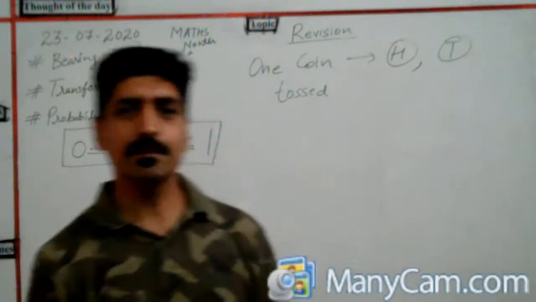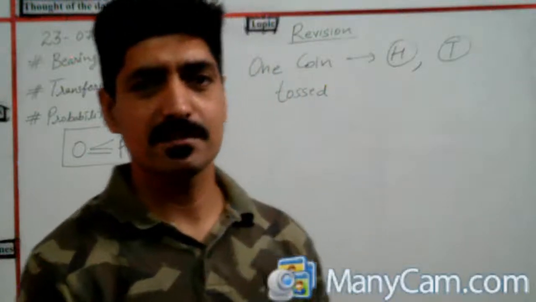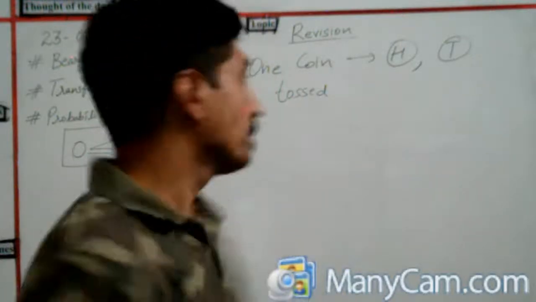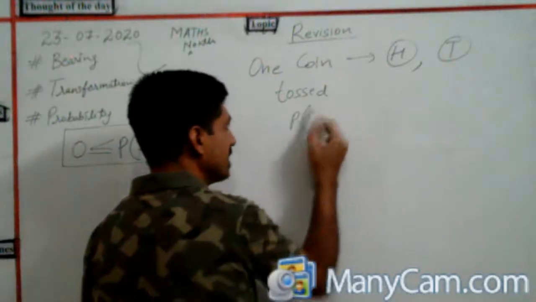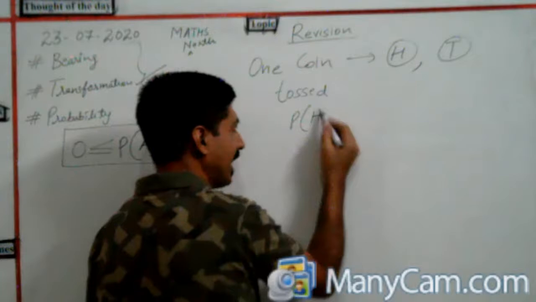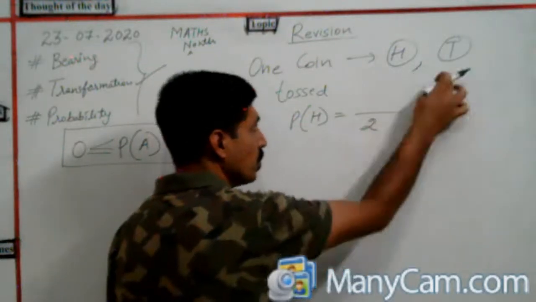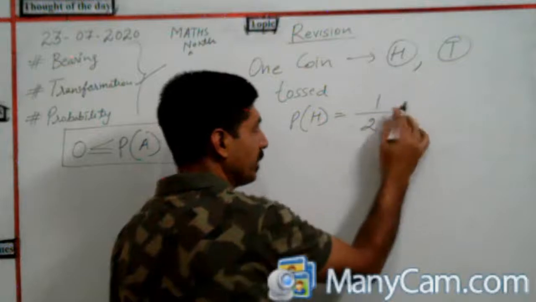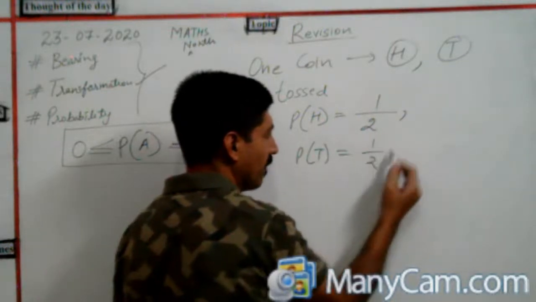Even the probability, we are saying, is the game of chances, right? So the probability of this event A, or the probability of coming head, the sample space is 2 and head is 1 by 2, and the probability of the tail is what? Again 1 by 2, half, 50-50.